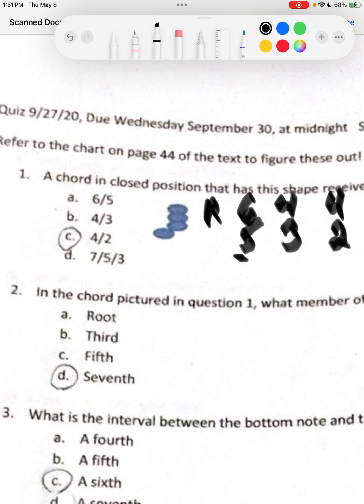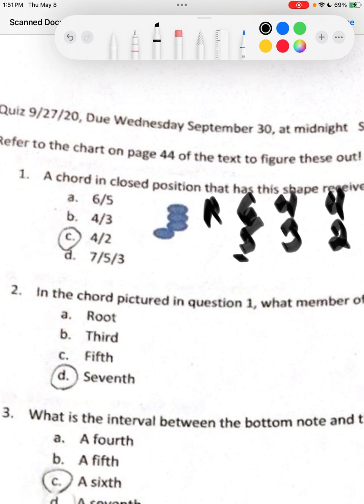If it is 4-3, if that's the fifth, root is completely kept together. Then the 6-5 would have affected the third note.